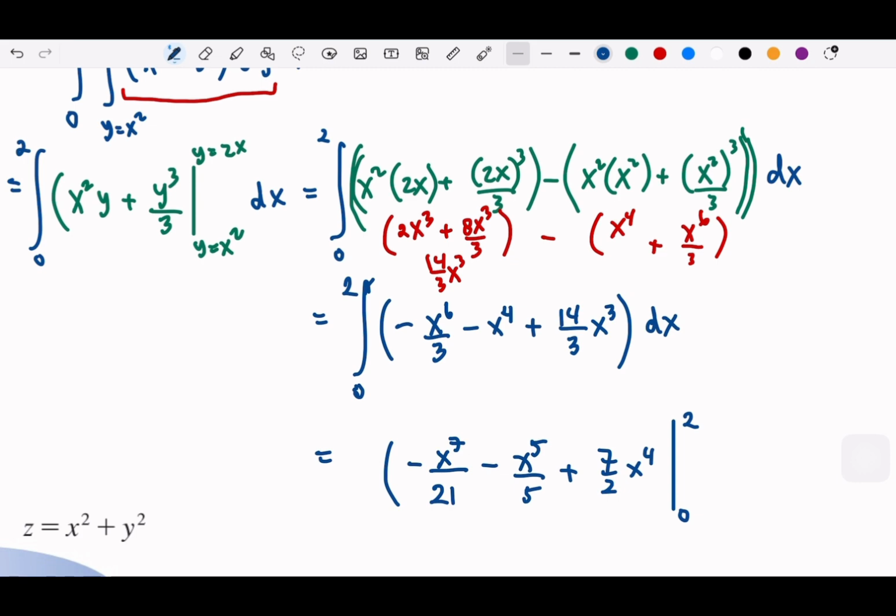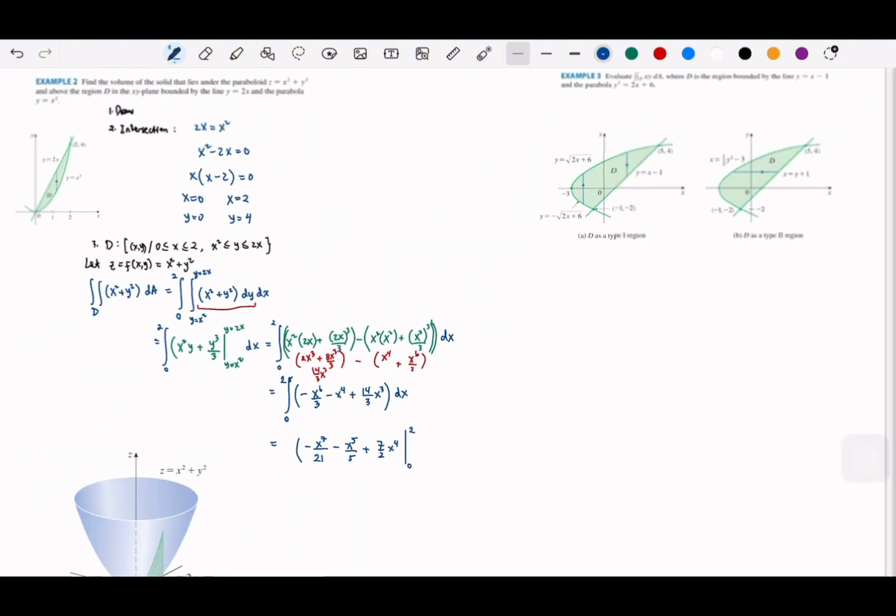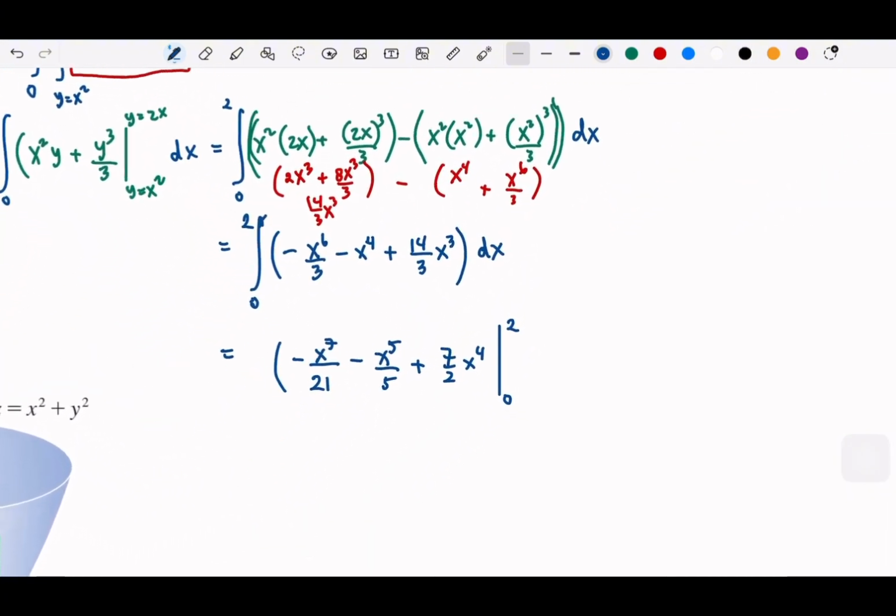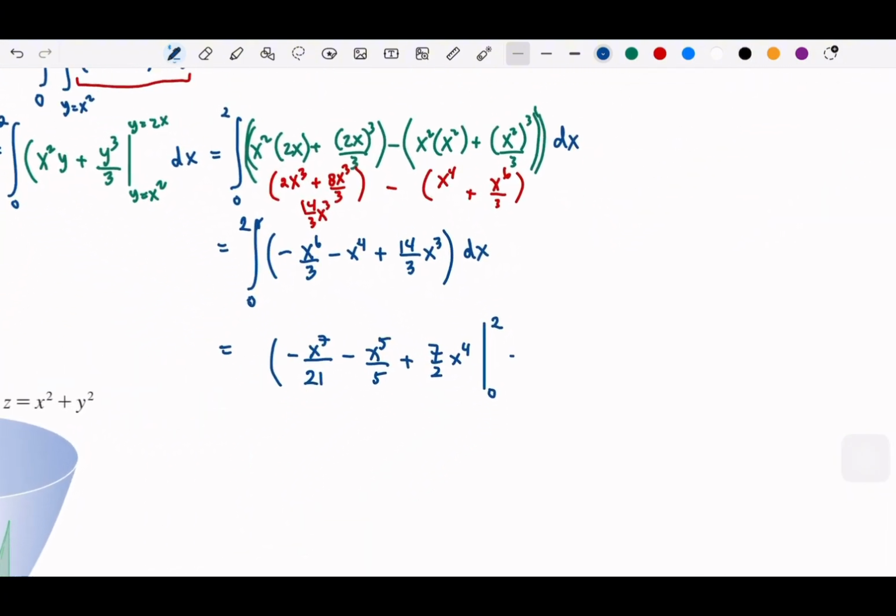Okay, too many calculations now. I think we can just focus on 2. So 2 to the power of 7 is 128, right? 128.